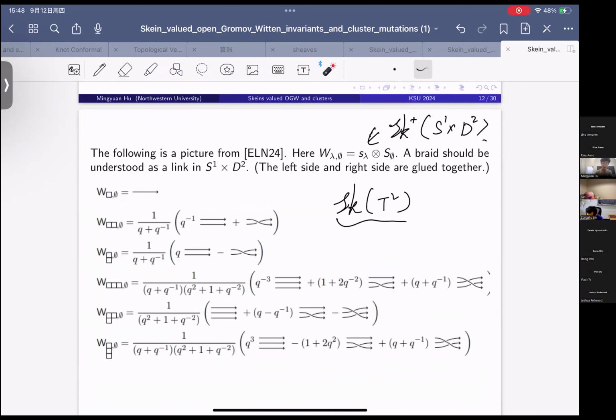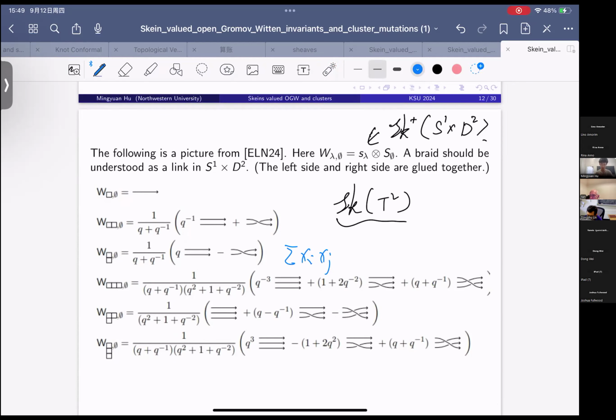That's some example. When you have a single box, it's this. When you have 2 boxes, it looks like this. When you have 2 vertical boxes, it looks like this, the sum of x_i x_j where i is not j. So this is the elementary symmetric function.